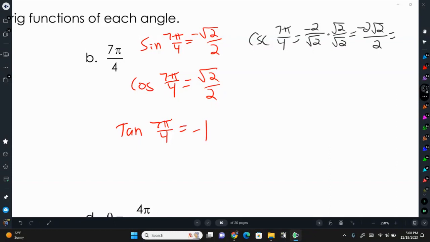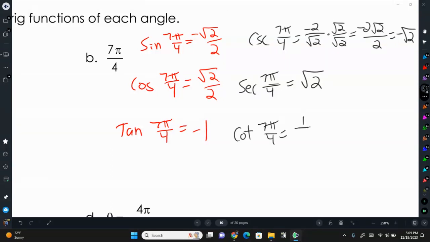The 2's will cancel and we're left with negative square root of 2. Now because we have the same values here for the sine and cosine, the cosecant and secant are going to be the same. So we could write it all out, but we know it will simplify to the square root of 2, and since cosine is positive, secant will be positive as well. And then cotangent of 7 pi over 4 is going to be 1 over tangent, so just negative 1.